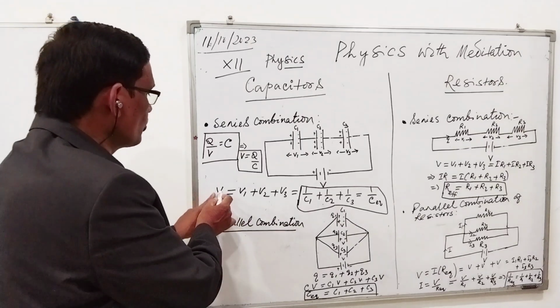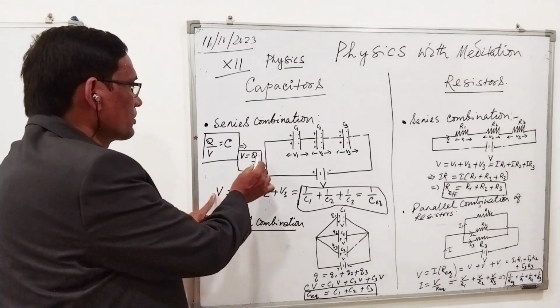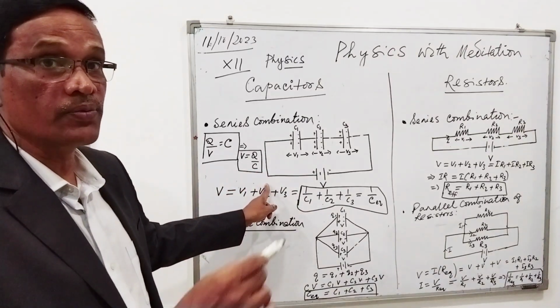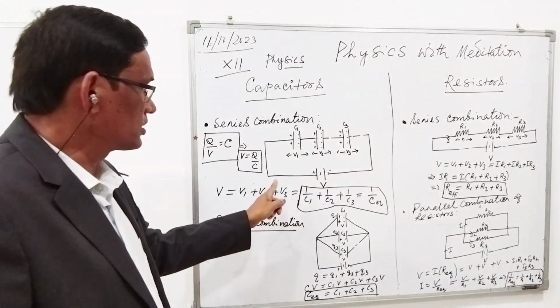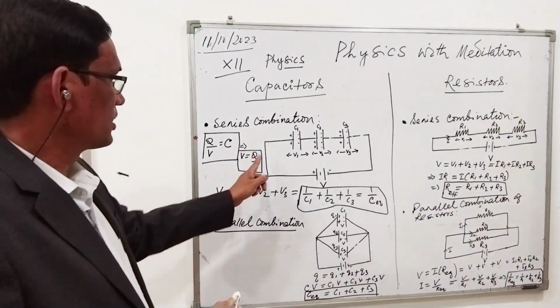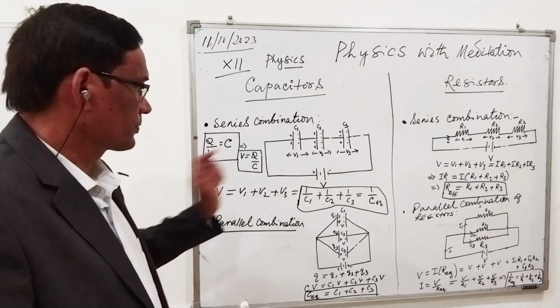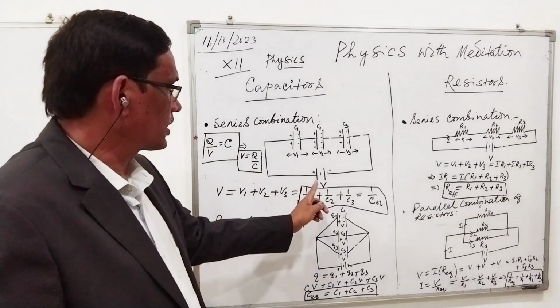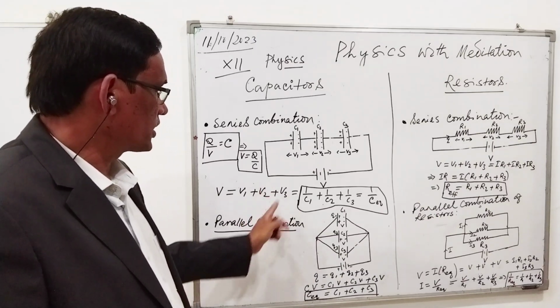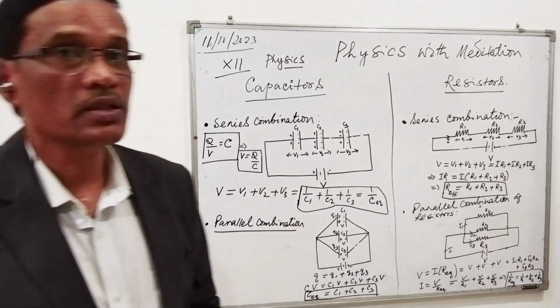That means this overall potential V can be the overall charge upon the overall capacity of the capacitors connected in series. Right? So this V can be written as Q upon C and V1 can be written as Q upon C1. V2 can be written as Q upon C2, V3 can be written as Q upon C3.